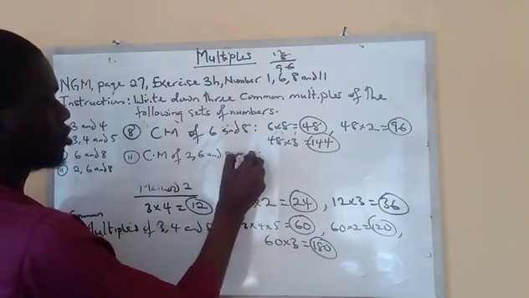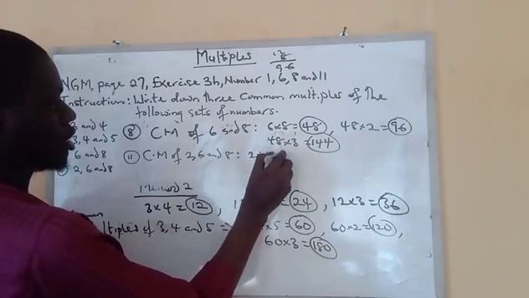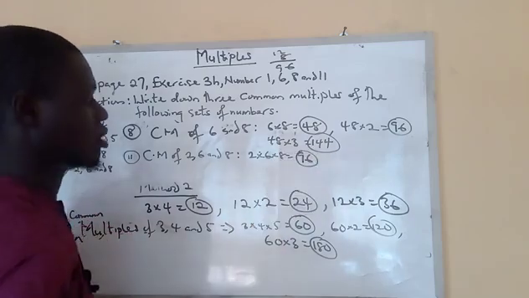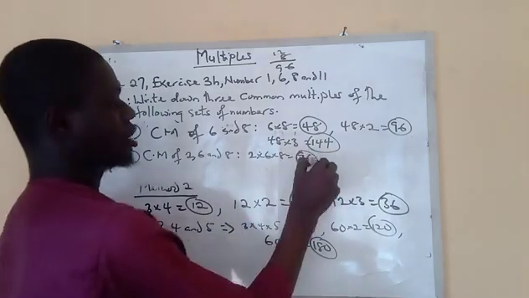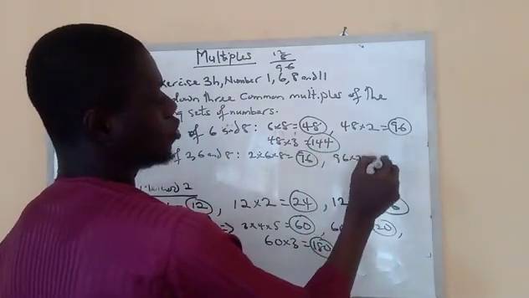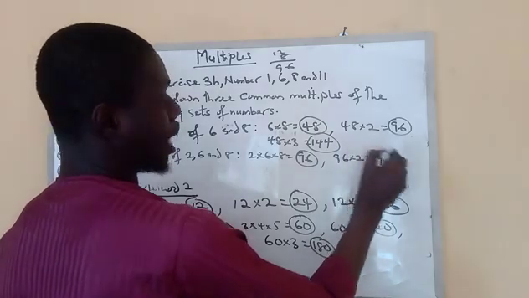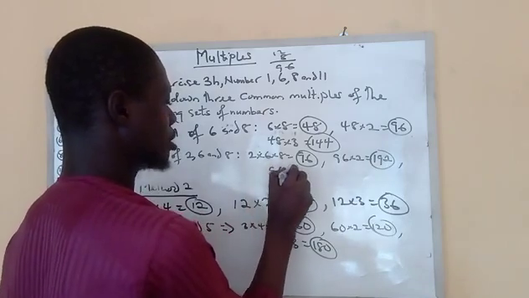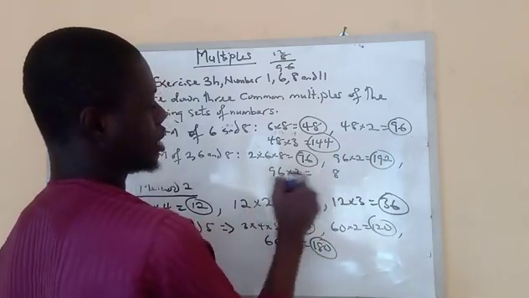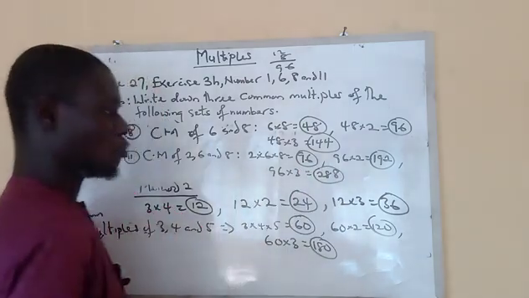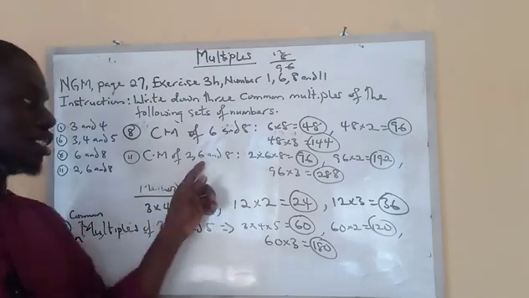So 2 times 6 times 8 gives us 96. So 96 is a common multiple of 2, 6, and 8. Then 96 times 2 will give you 192. Then 96 times 3 will give you 288. So 288 is also a common multiple of 2, 6, and 8.